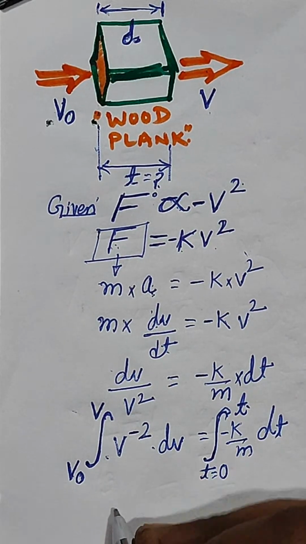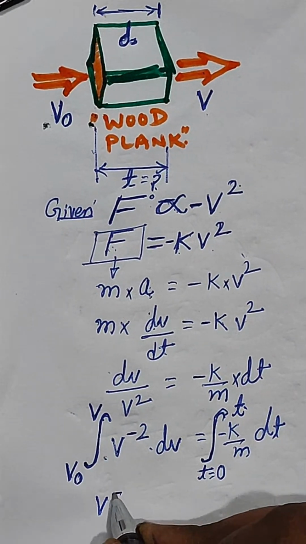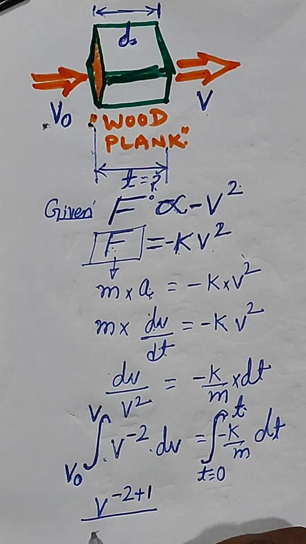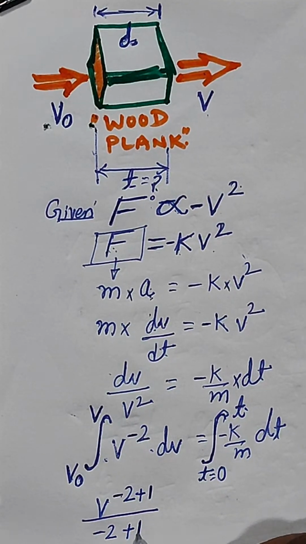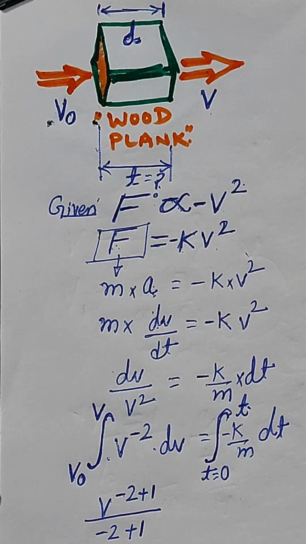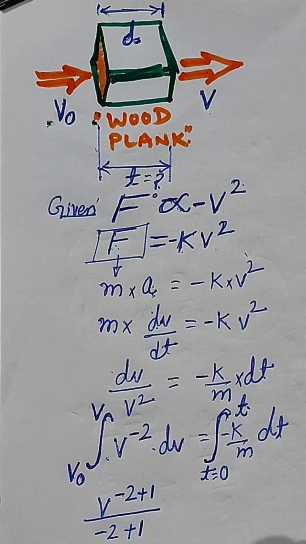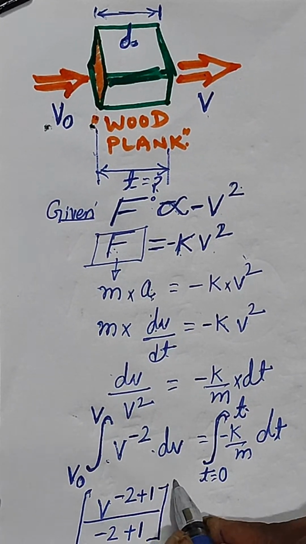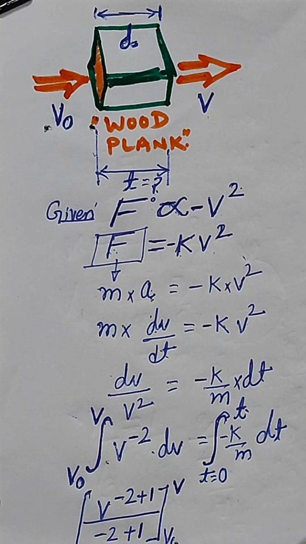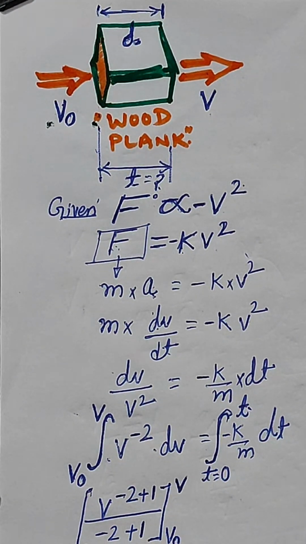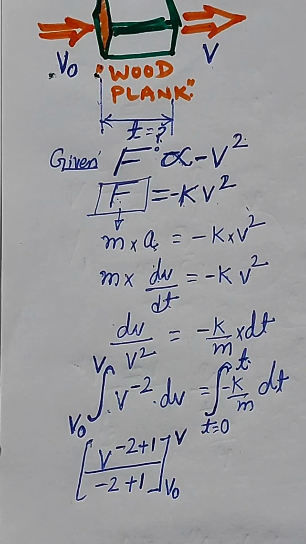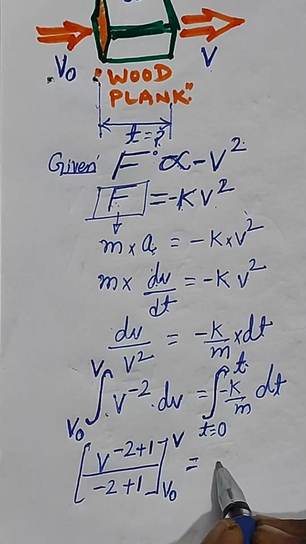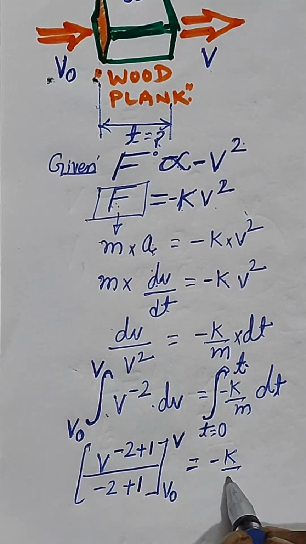Now from here, just solve it. So v to the power minus 2 can be written as v to the power minus 2 plus 1 divided by minus 2 plus 1, right? This will give you, and it will vary from v0 to v. Now on the RHS we have minus k by m.